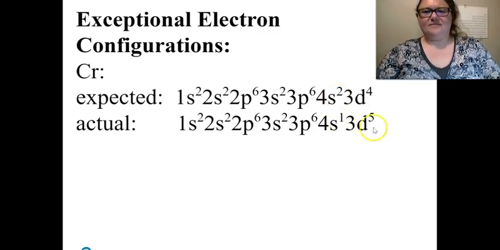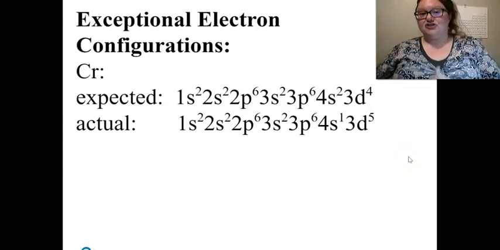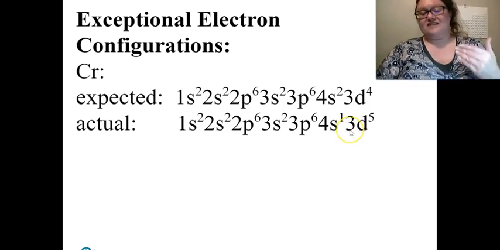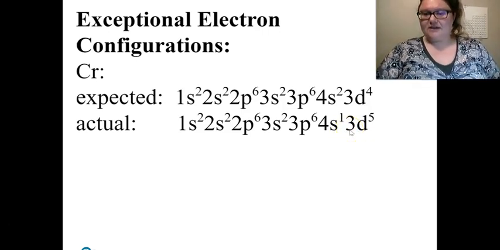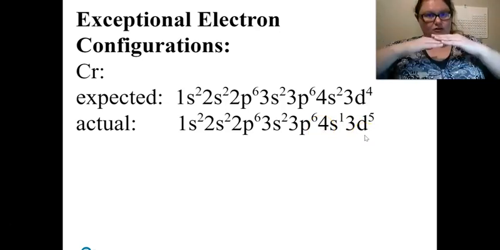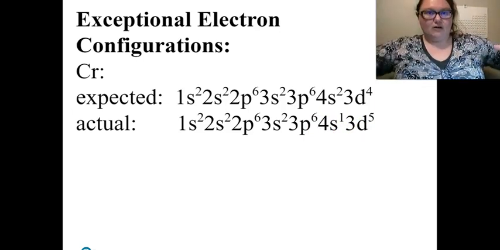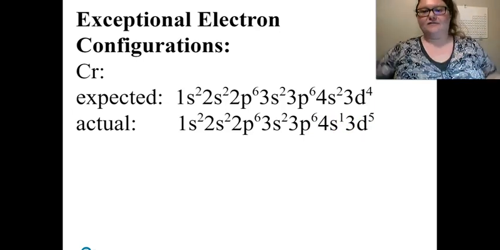Why would it do that? The 3d is a lower energy level. The first number is the energy level, right? So 3 is lower than 4. It's more stable, energy stability, low energy, think calm, think non-reactive.